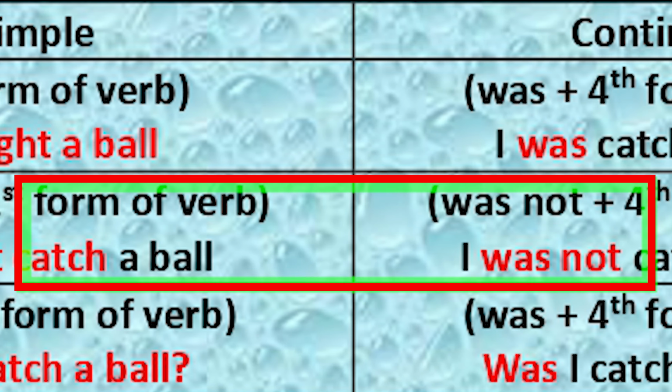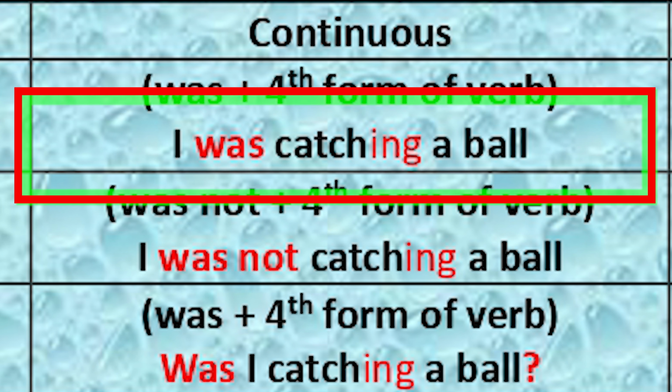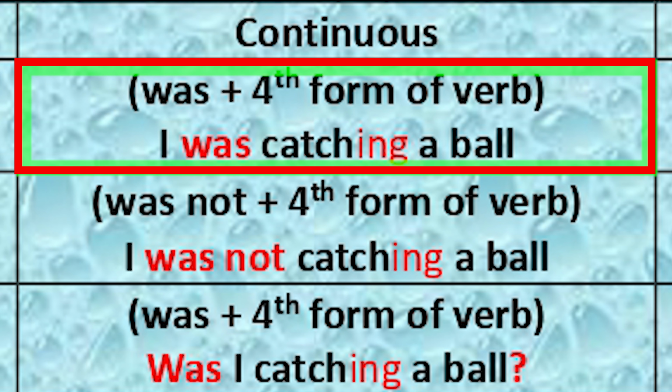And if we are talking about past continuous tense, then we will use was, and we will use the fourth form of verb, which is the ing addition with first form of verb. Like we will say, I was catching a ball.